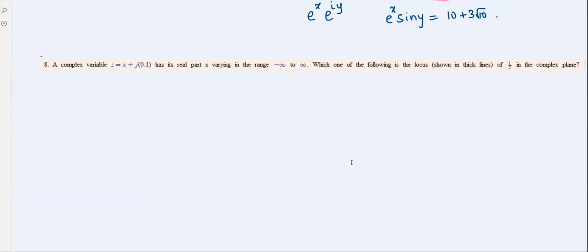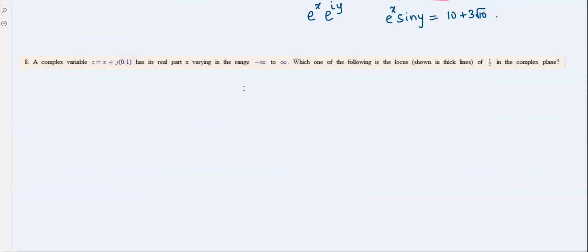So a complex variable z is given to be x plus i times 0.1. I have to find the locus of 1 by z in the complex plane. So w is 1 by z, a transformation in the w plane. How does it look? 1 by (x plus 0.1i), where x takes all real values.